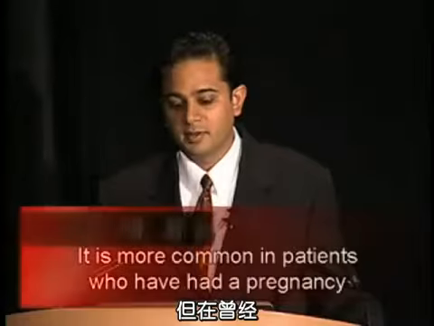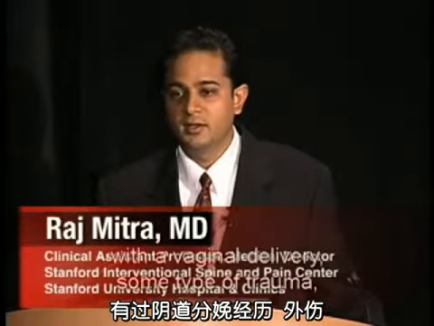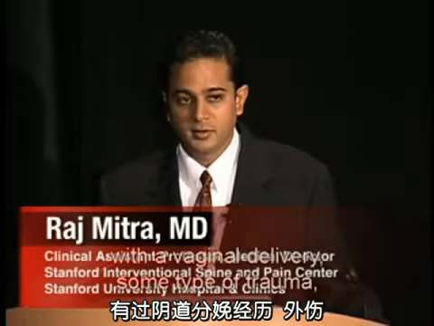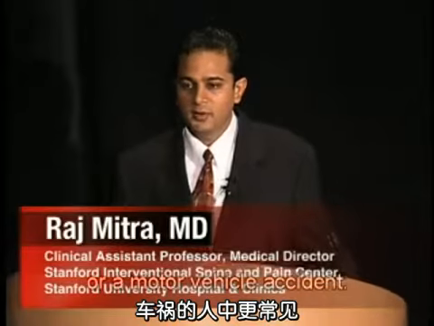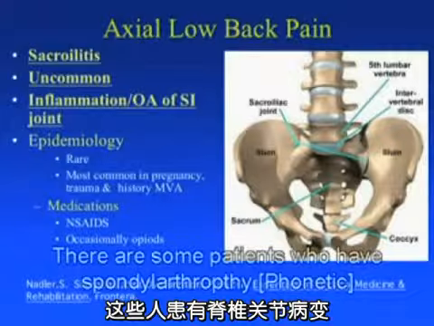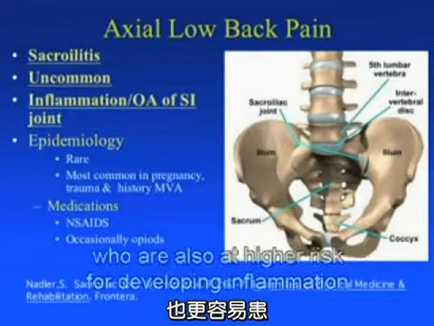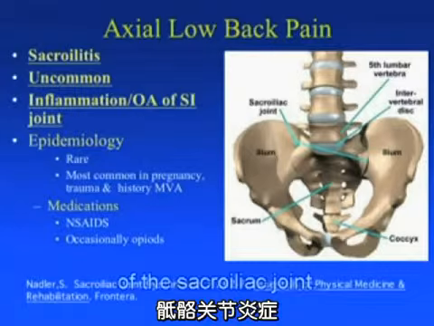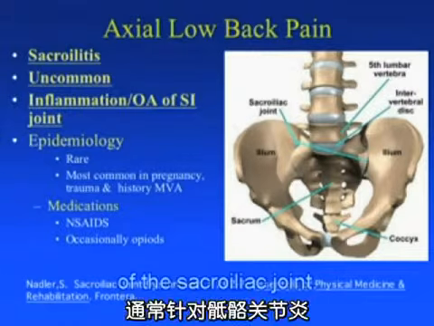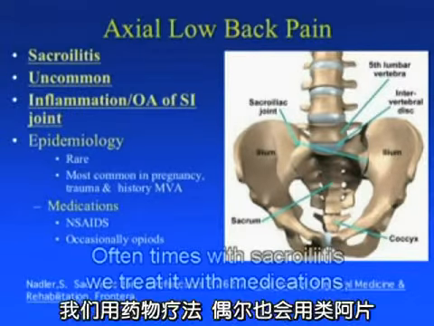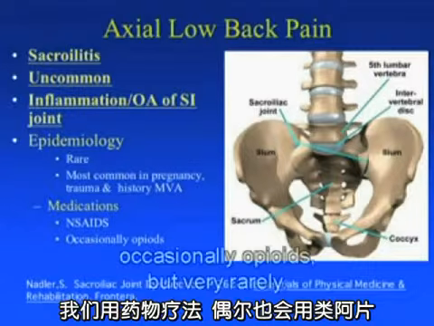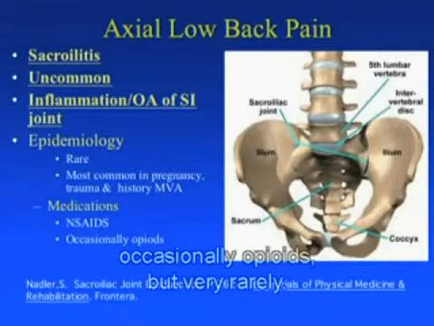It is more common in patients who've had a pregnancy with a vaginal delivery, some type of trauma, or motor vehicle accident. There are some patients who have spondyloarthropathies who are also at higher risk for developing inflammation of the sacroiliac joint. Oftentimes with sacroiliitis, we treat it with medications, occasionally opioids, but very rarely.